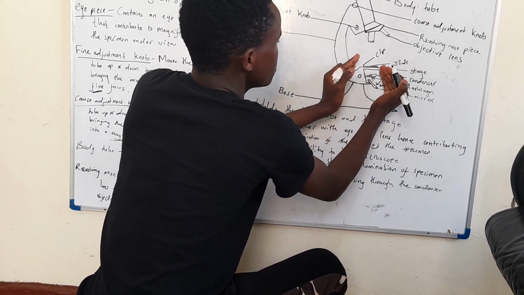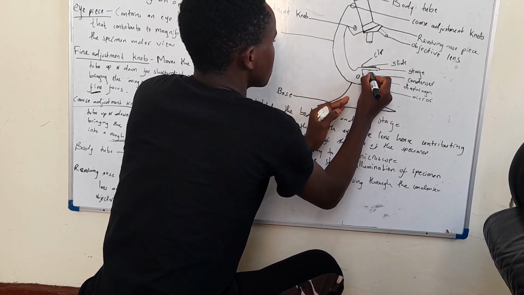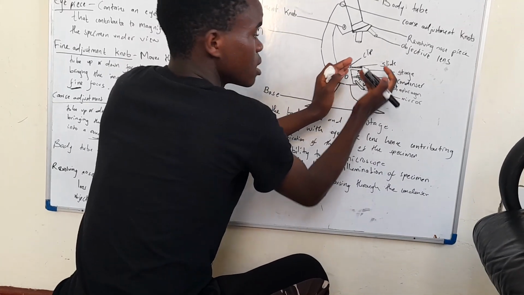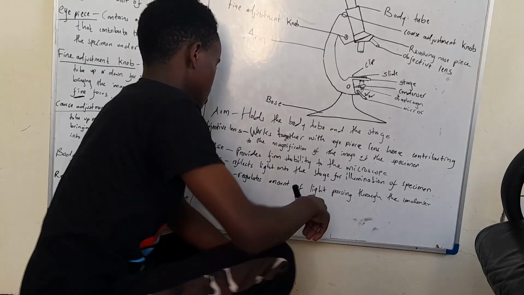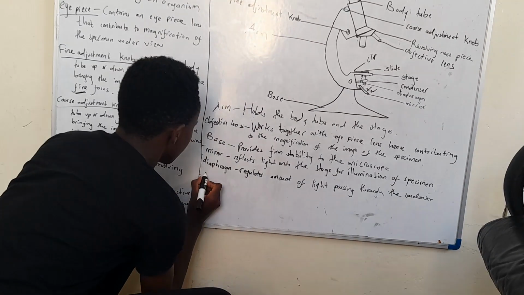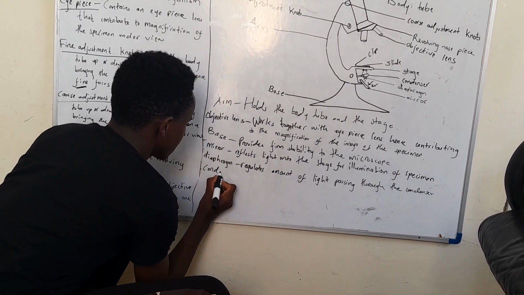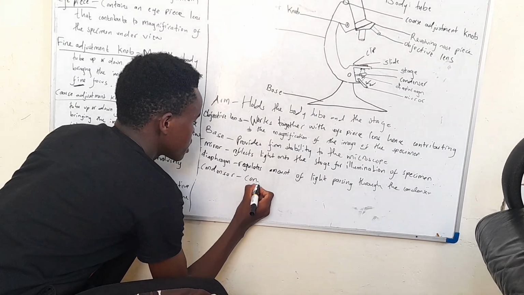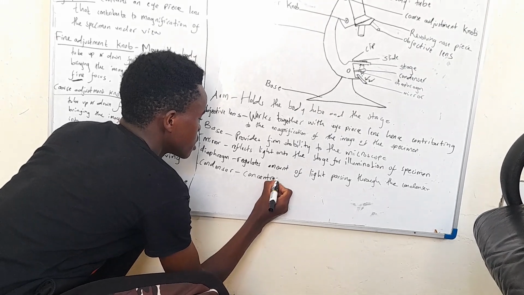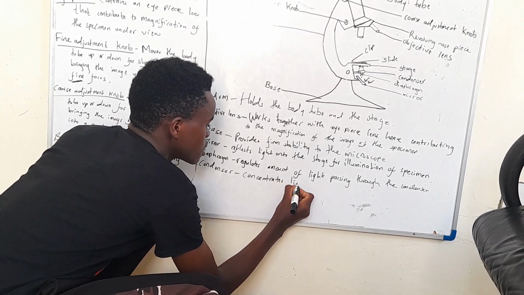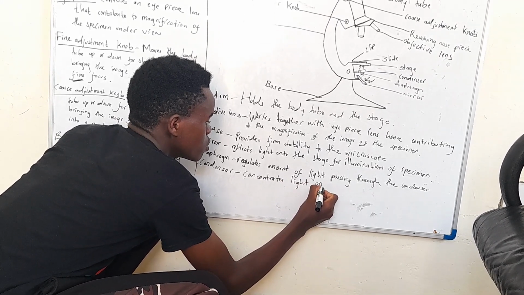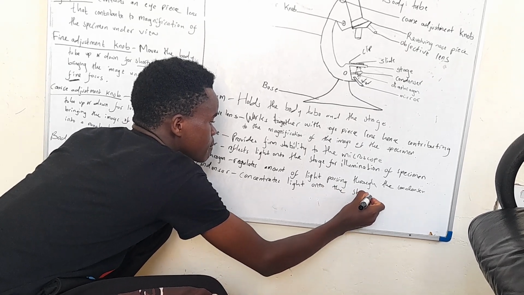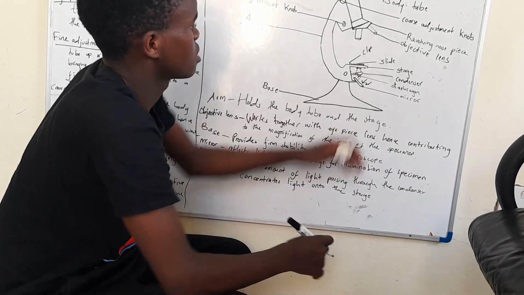Now the condenser will concentrate light onto the stage. So that's the function of a condenser.